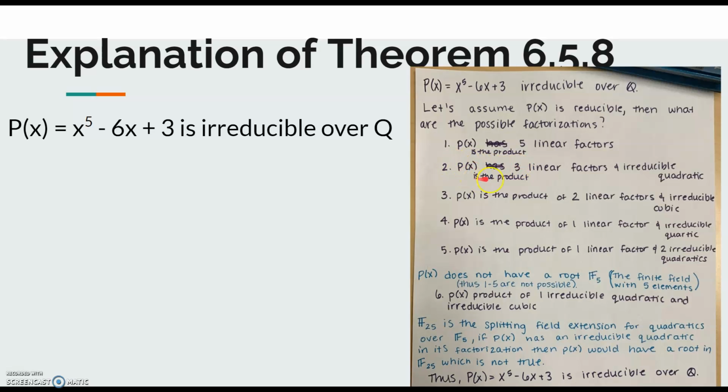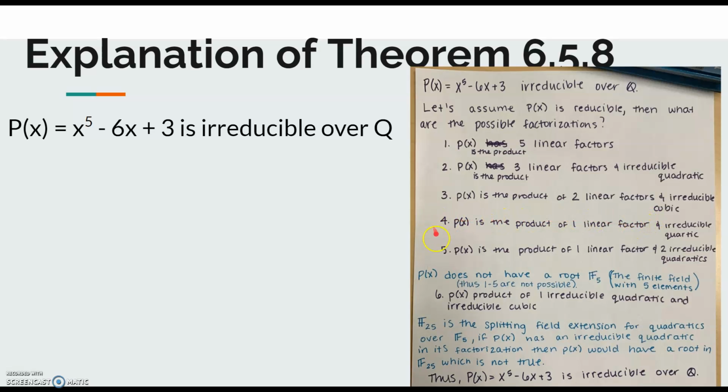So then we could move on to see that p of x could be a product of 3 linear factors and an irreducible quadratic. That's also not the case here. Then, number 3, where p of x could be the product of 2 linear factors and an irreducible cubic. Again, still not the case.